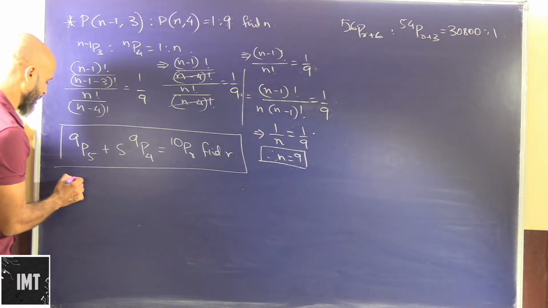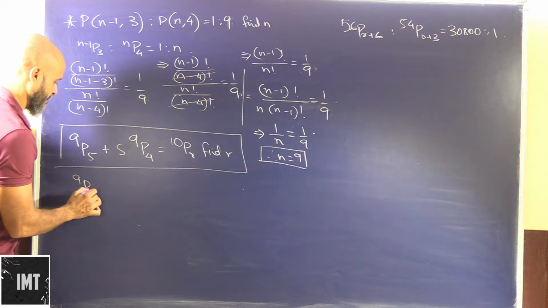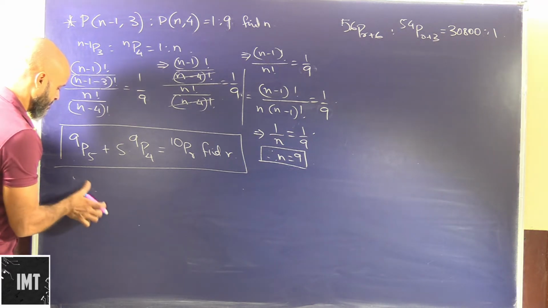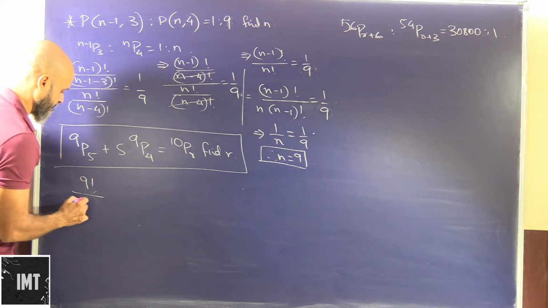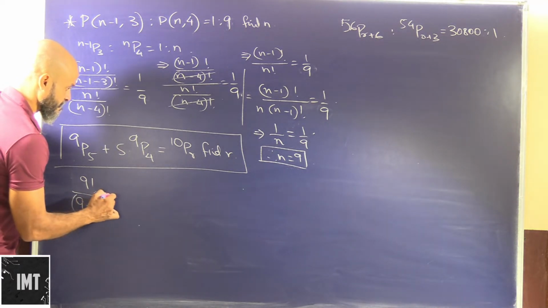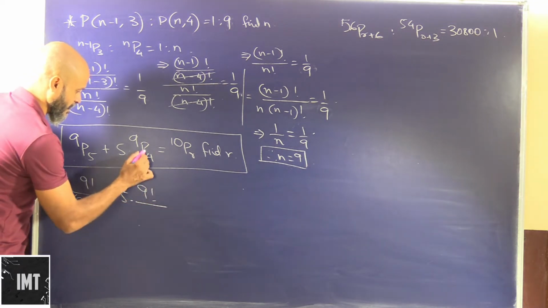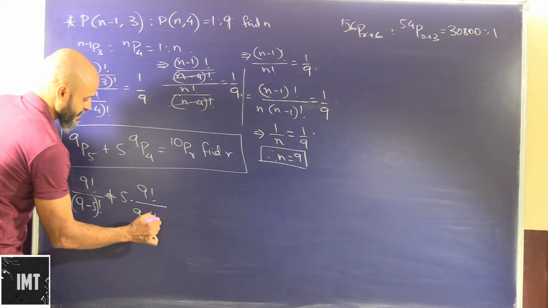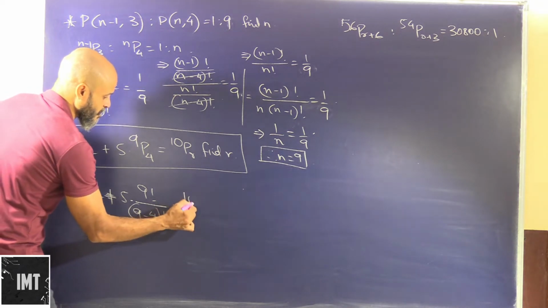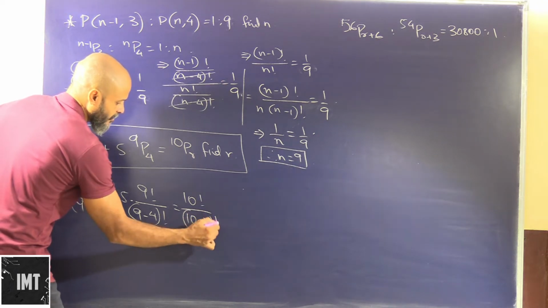So 9P5 will be 9 factorial by (9-5) factorial, plus here we have 5 into 9 factorial upon (9-4) factorial is equal to 10 factorial upon (10-r) factorial.